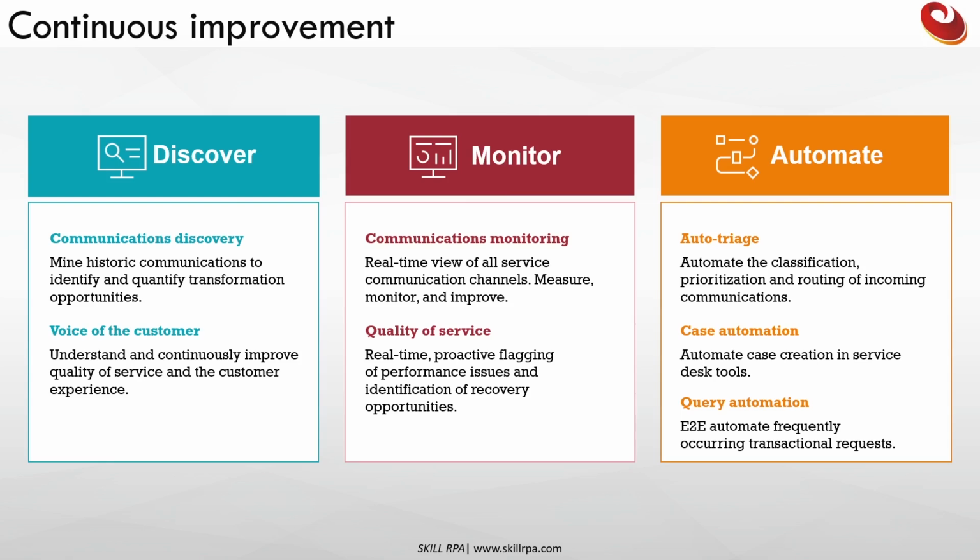In terms of monitoring, we can review all the channels, how the requests are coming and the patterns, and we can identify which can be moved to automation. Some queries can be automatically answered with the help of RPA or automation after getting the intent from Communications Mining. So these are the three categories.